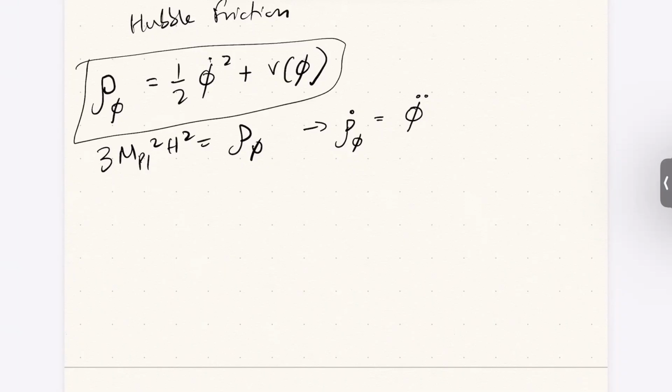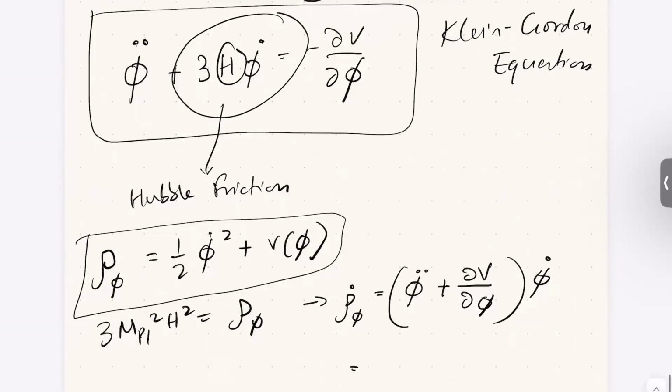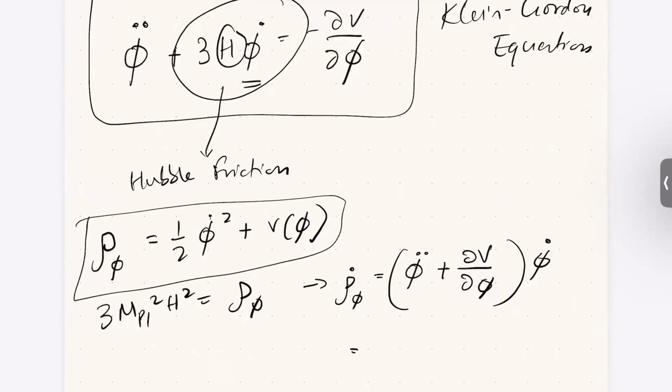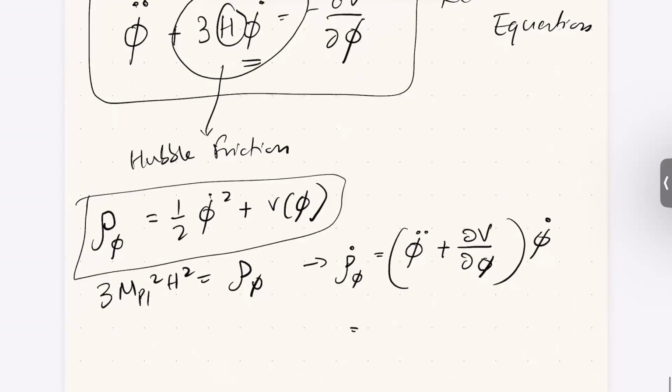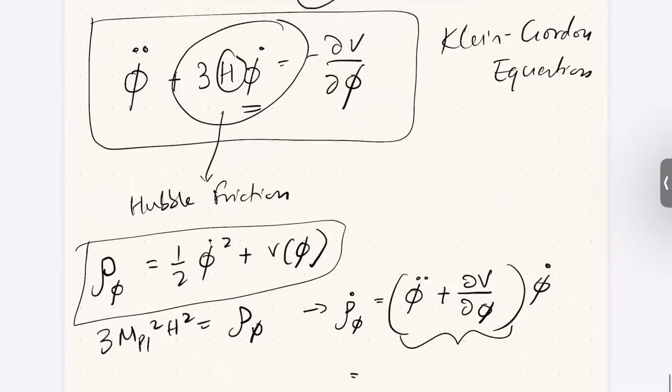So if I take a time derivative of that, I will get the second derivative of phi, del V by del phi times phi dot, and I can bring phi dot from the Klein-Gordon equation, which I wrote over here, and I can write this part as 3H phi dot.